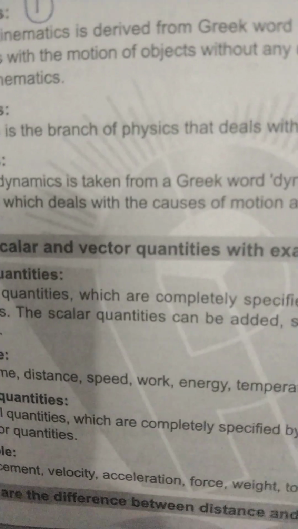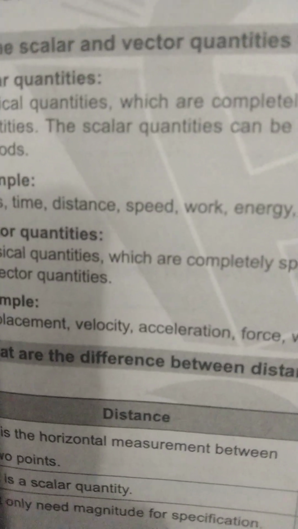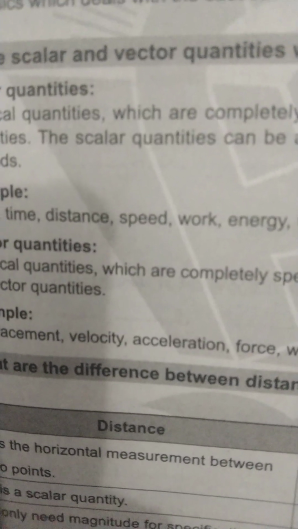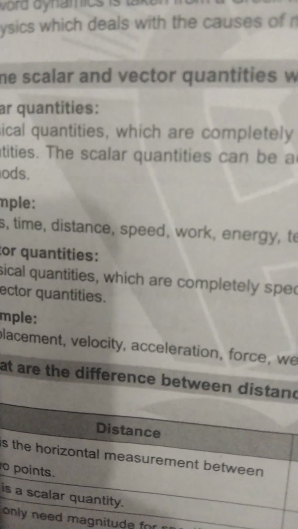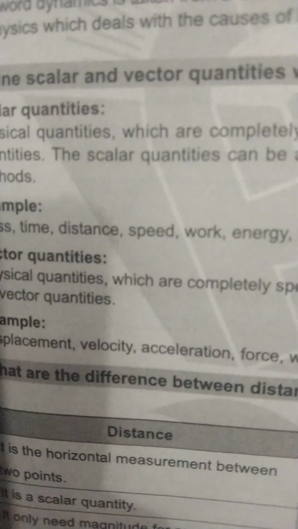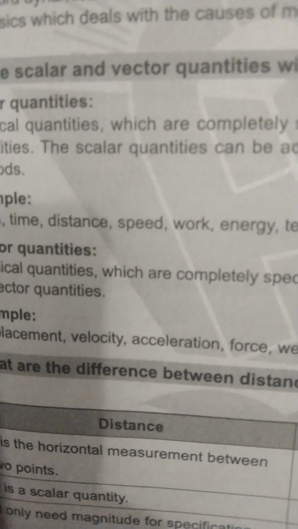But in kinematics, two quantities are mostly used. One is scalar, the second is vector. Mostly physics students are aware of these two words, scalar and vector, but sometimes they are confused. Why scalar?